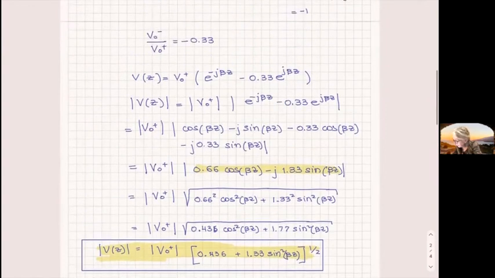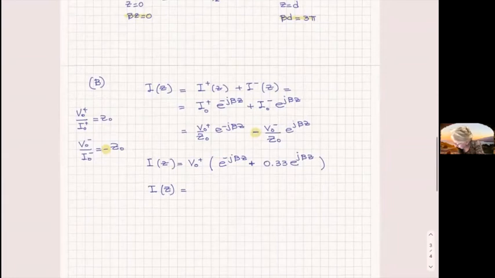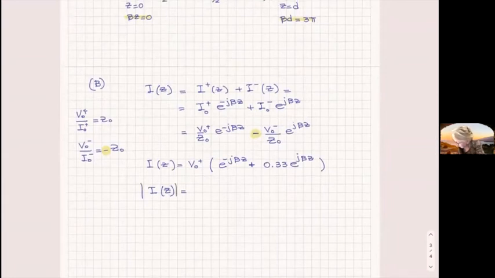So I of z here is going to have the same form, and I will explain why that happens. This one is going to be the same as what we have for the voltage, not exactly, it's going to be different, sorry.